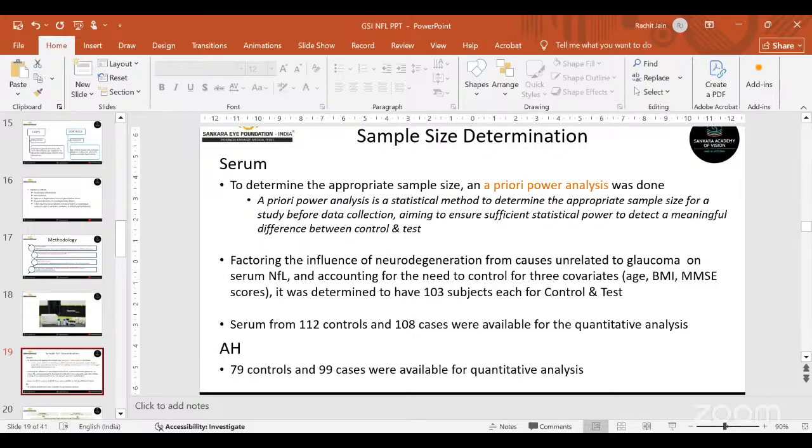Factoring the influence of neurodegeneration from causes unrelated to glaucoma on serum NFL and accounting for the need to control for three covariates, that is age, body mass index, and MMSE score, it was determined to have 103 subjects each for control and test. So for serum, we had 112 controls and 108 cases, and for aqueous humor we got 79 controls and 99 cases.